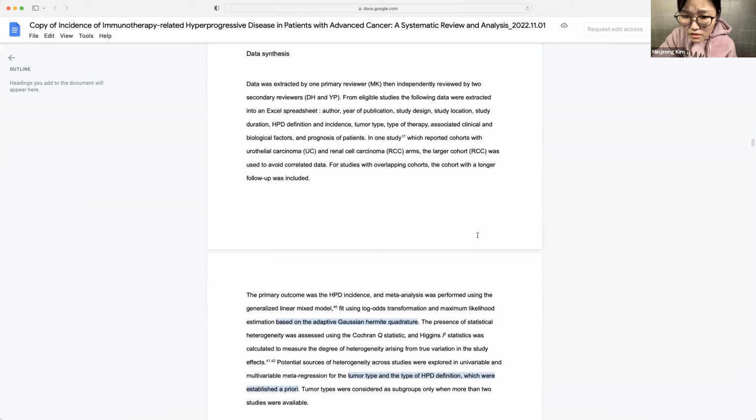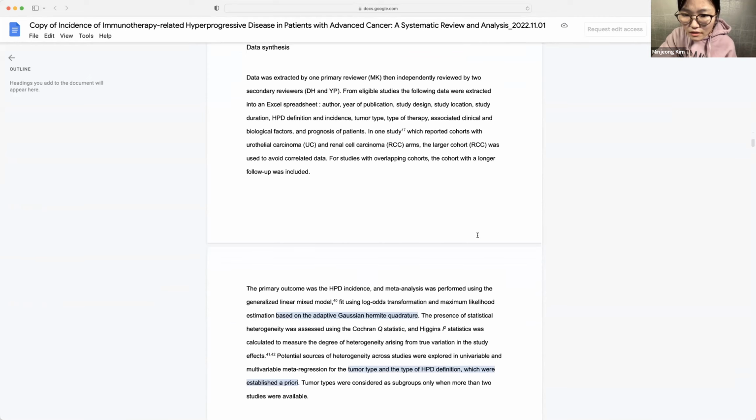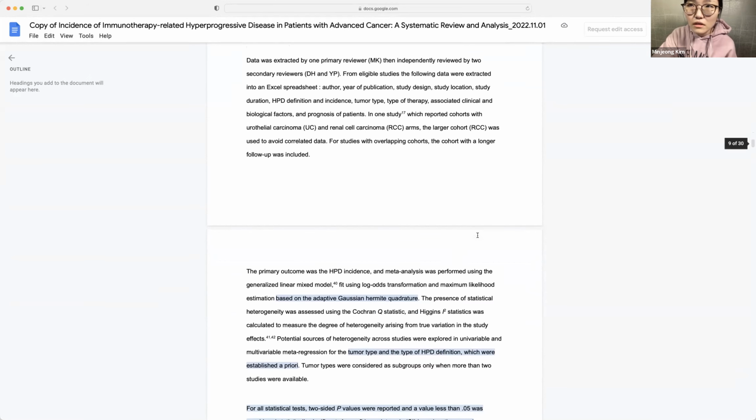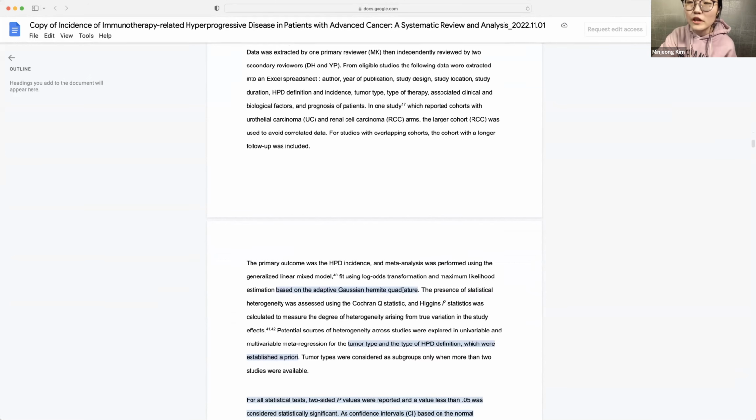Next, in the data synthesis section, I mentioned last time how I had to spend some time rechecking whether the statistical part was solid. And so I did some studying and looking into the background behind the code that I used. And so those are the revisions that I've added.